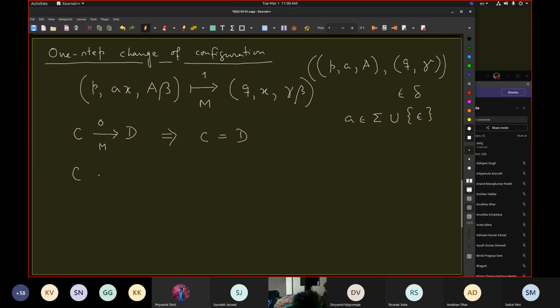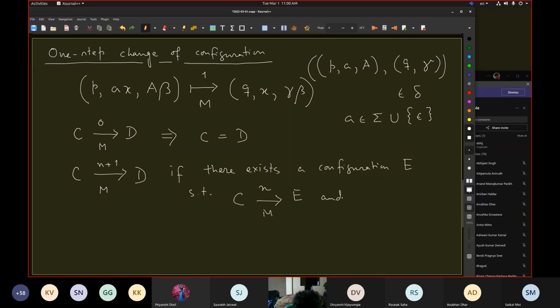And then I say inductively, the configuration C changes to configuration D in n+1 steps if there exists a configuration, let's say E, such that C goes to E in n steps and E goes to D in 1 step, where this 1 step thing is defined like this.